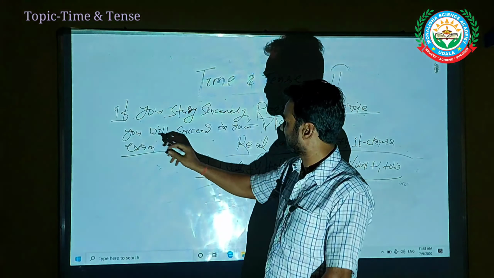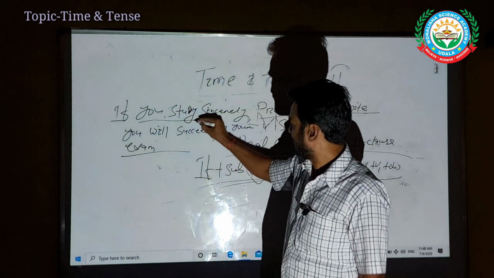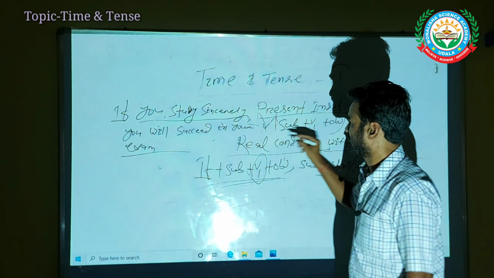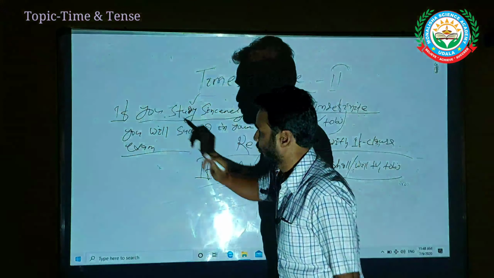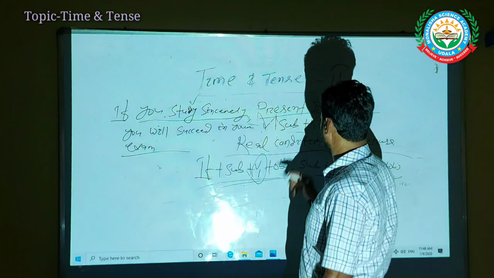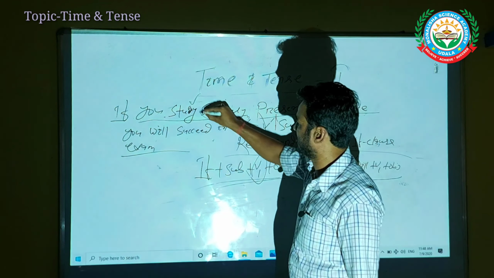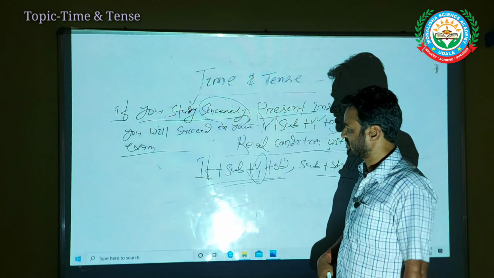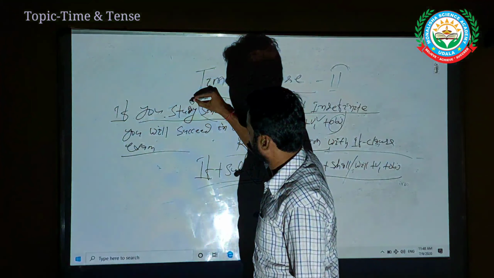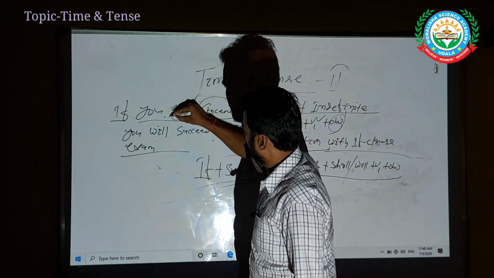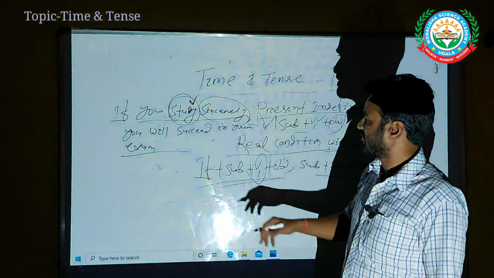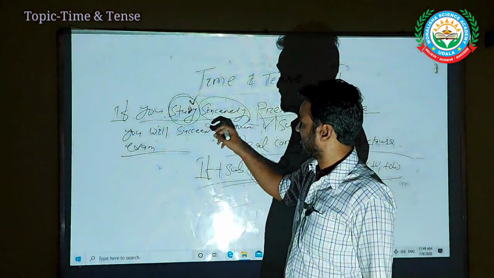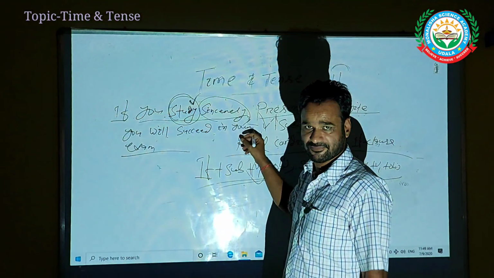So to say, this is the first form: study here is V1, the subject is you, and the object is absent here, sincerely is above, of course. Anyway, we are only concerned with this one, study, first form. So if you study sincerely, you will succeed in your life.